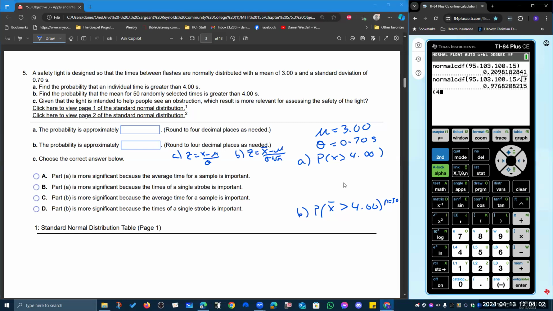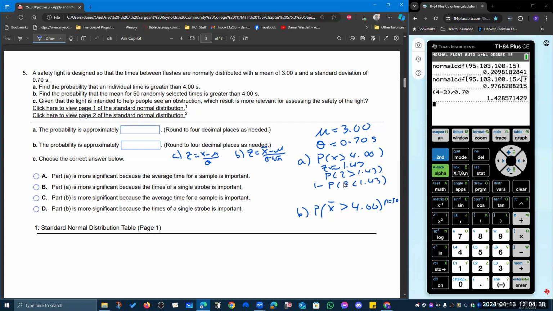So 4 minus 3 divided by 0.70, and we're going to round z to 2 decimal places, 1.43.